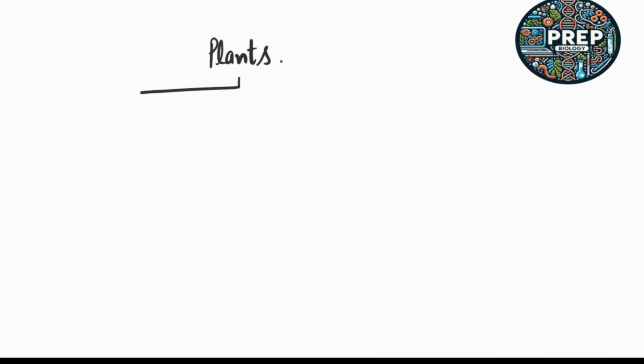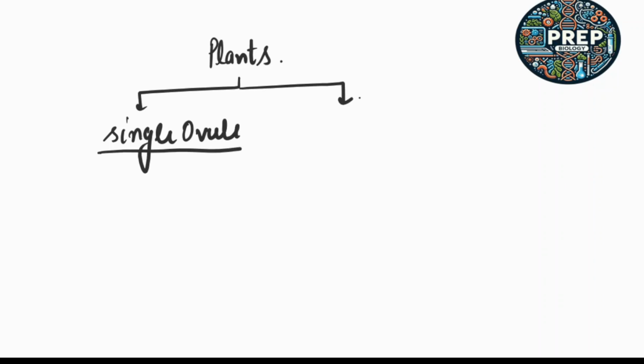The last part of this lecture is, plants are divided into two categories: some plants have a single ovule present in the ovary, and some plants have multiple ovules present in the ovary.